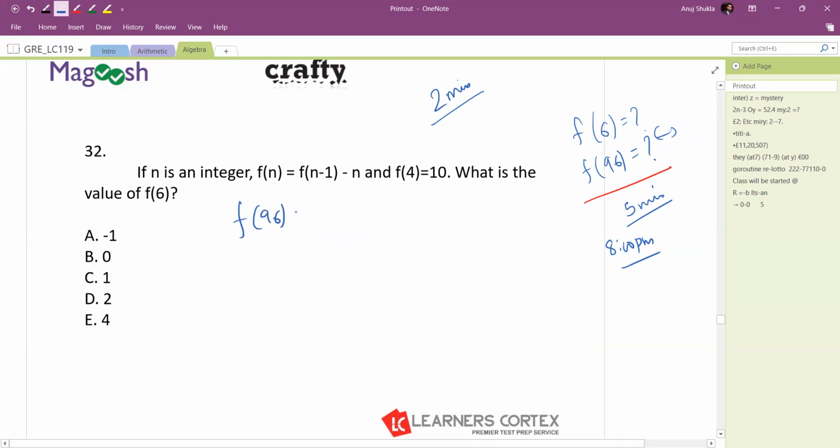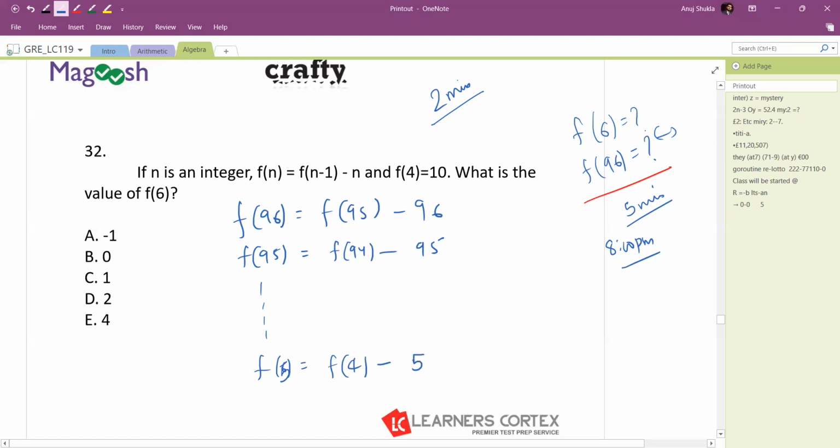Then f of 96 value will be f of 95 minus 96. And again, you have to find f of 95. F of 95 value is f of 94 minus 95. And then again, same thing it will go, and till how much value will it go? Till f of 6, this value will be f of 5. You write it, f of 5 value is f of 4 minus 5, right?